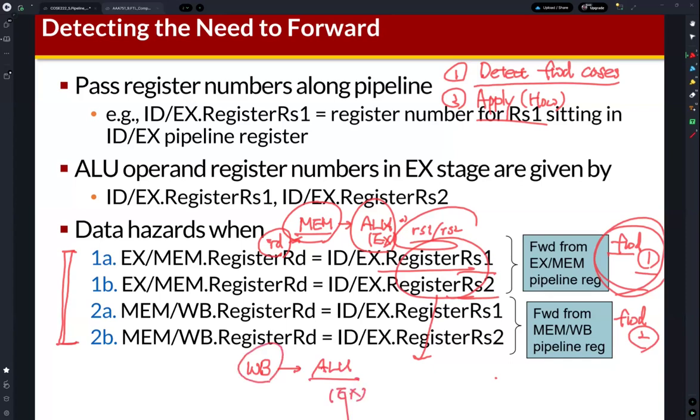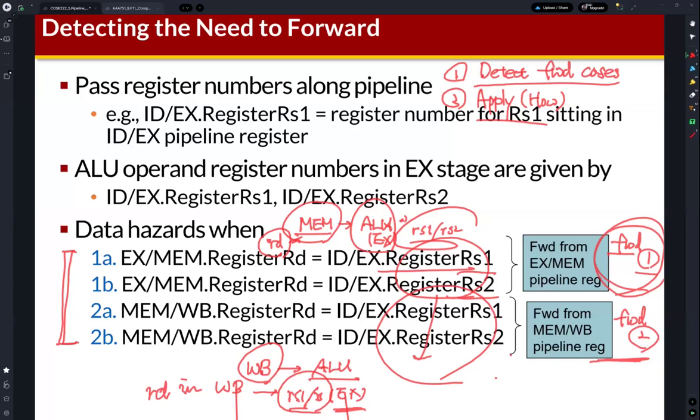So in the same way, we need to check the RD in the write back stage with the RS1 and RS2 in the same EX stage, right? This is the forwarding case 2. So it's simple, right? It's a basic condition.